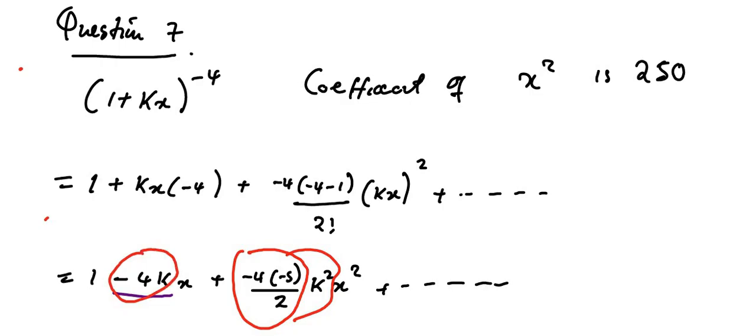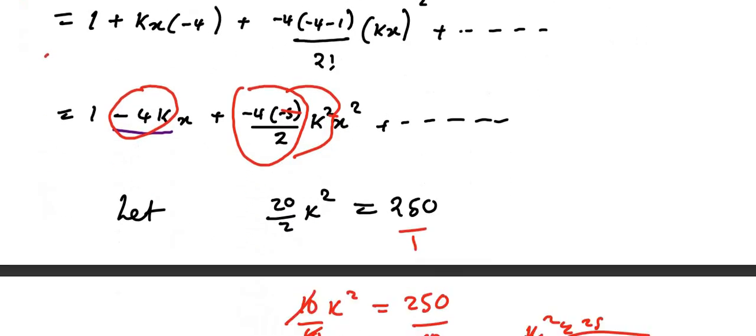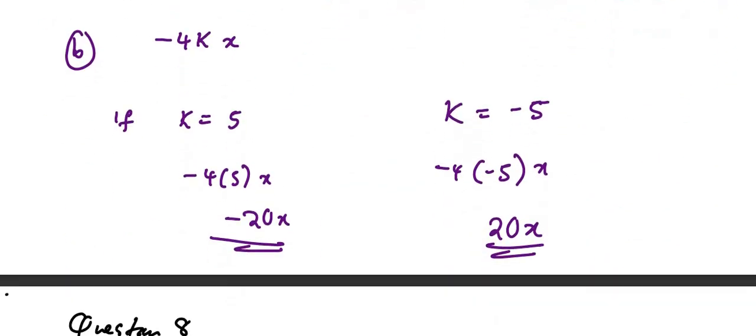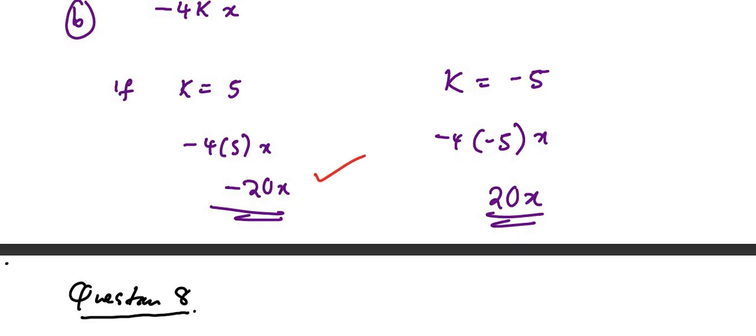Yeah, so where there's k, put -5. Again, put +5. We see the two values of expressions we get. So these are simply the two possible coefficients of x. We can have a -20 if k is positive, and we can have a 20 if k is negative.